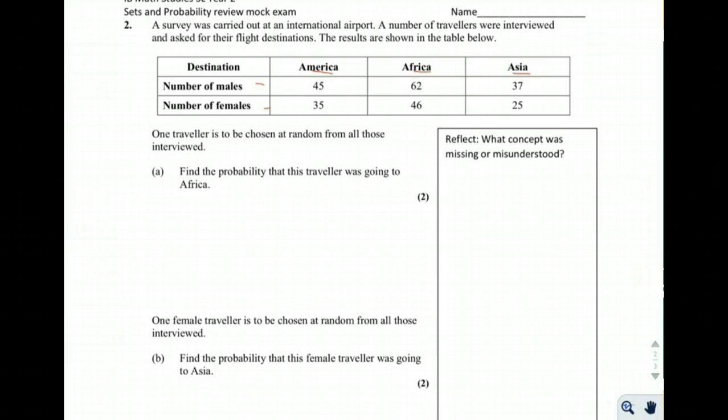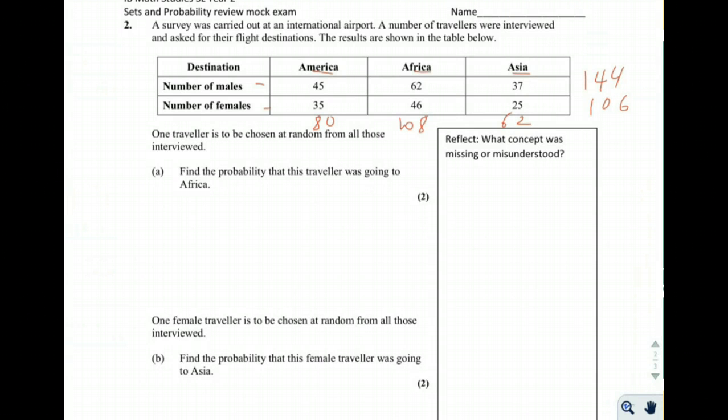If you add up all these numbers, we're going to get the total number of travelers. Let's add up the columns and rows first, and you'll see why that's convenient to do. 45 plus 35 is 80. 62 plus 46 is 108. 37 plus 25 is 62. 45 plus 62 plus 37 is 144. 35 plus 46 plus 25 is 106.